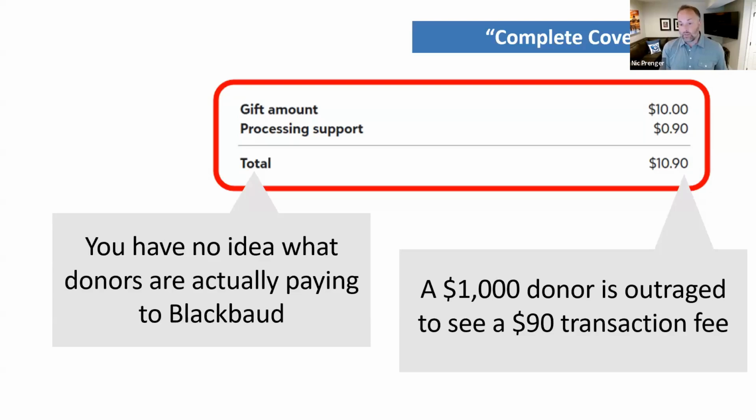For larger, sophisticated organizations like us, it has been a wild ride to encounter what donors feel when they see this happen. Somebody else also mentioned that there have been a couple of instances where a donor calls and wants to adjust their recurring gift up or down, and we can't do it on our end because complete cover or donor cover is attached.